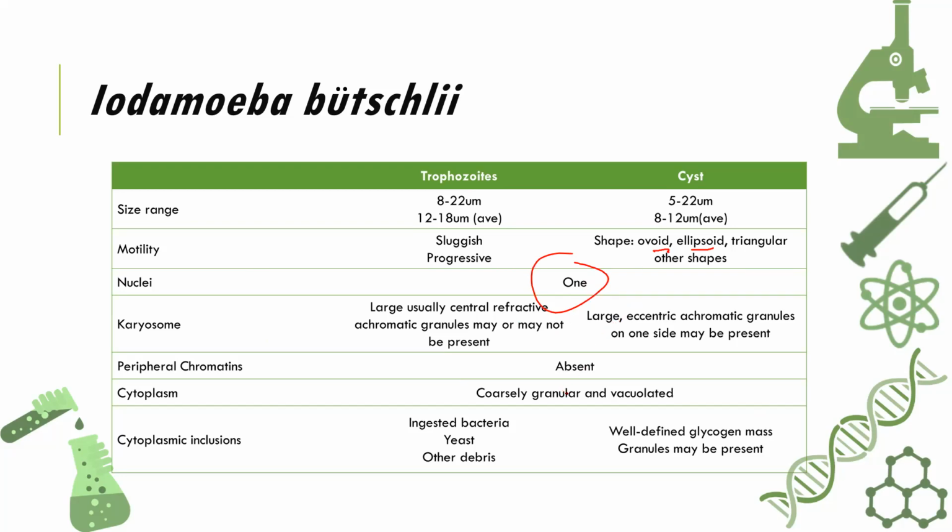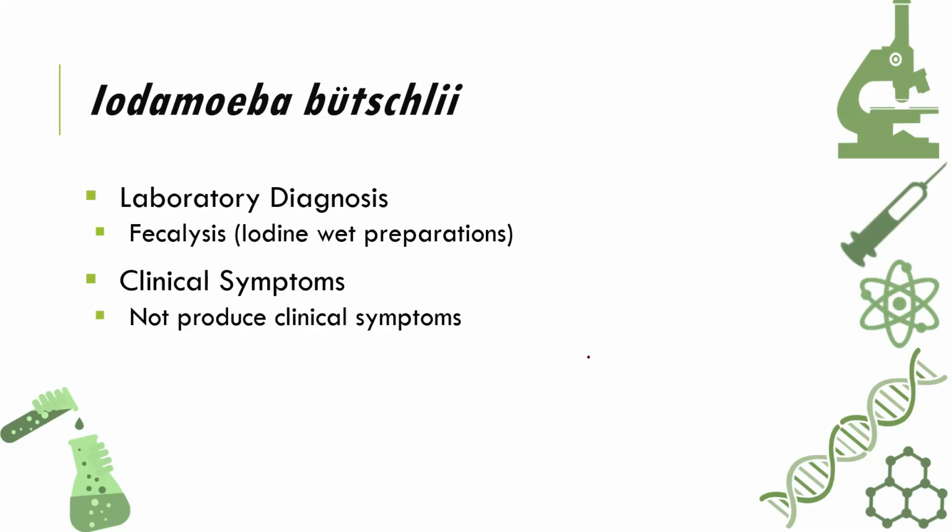No? Peripheral chromatins are absent. Again, iodine wet preparation, useful for Iodamoeba bütschlii. No, tandaan mo, iodine wet preparation, fecalysis po. Usually asymptomatic, pero pag nag-cause ng infection, ang gamot ay metronidazole.